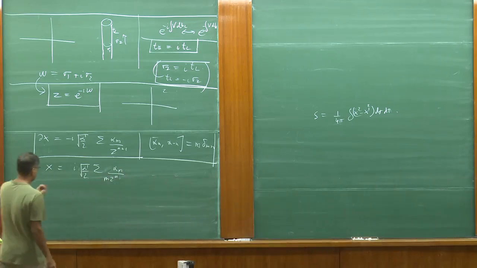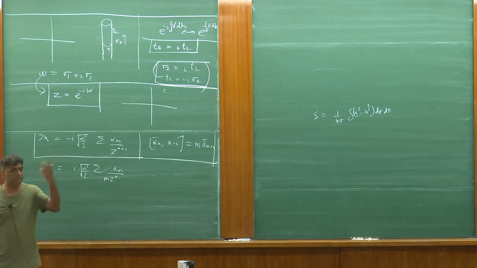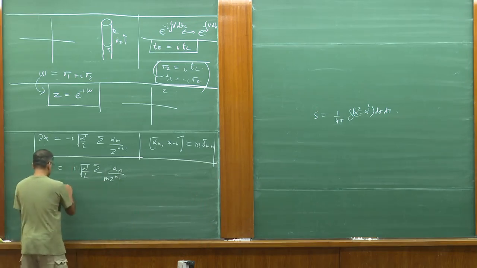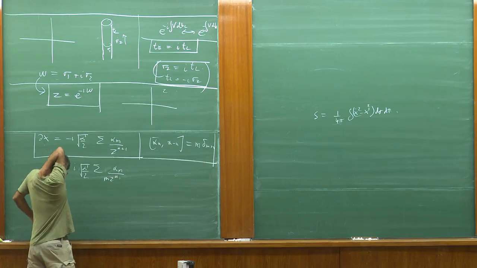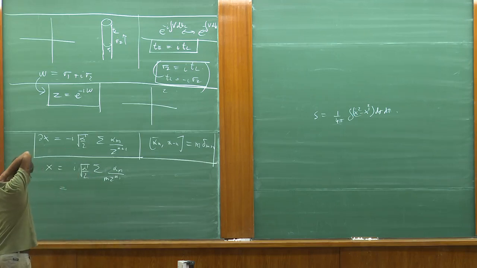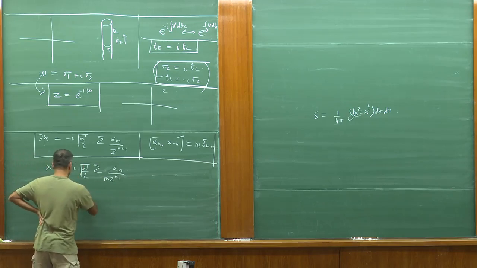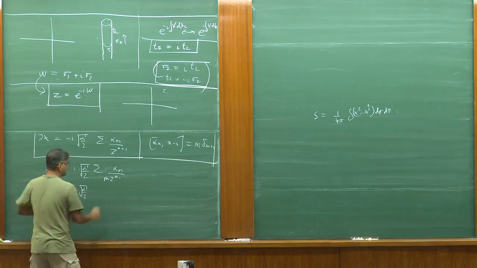So this is the expansion we're instructed to make. Now let's translate this back to the cylinder. If we translate this back to the cylinder, we get i square root of alpha prime by 2. This doesn't change.